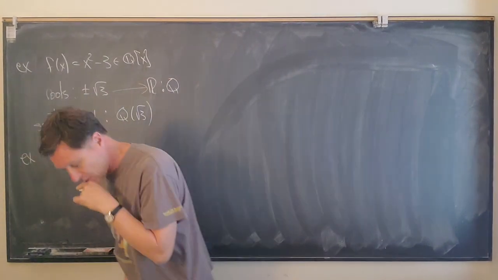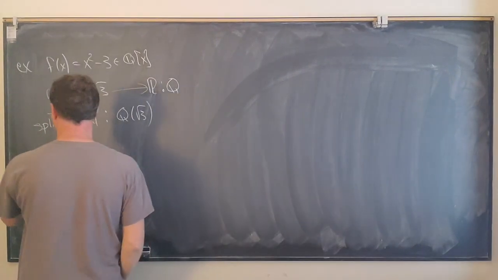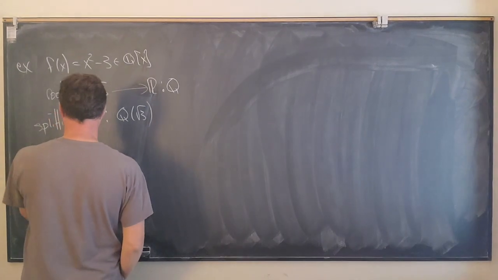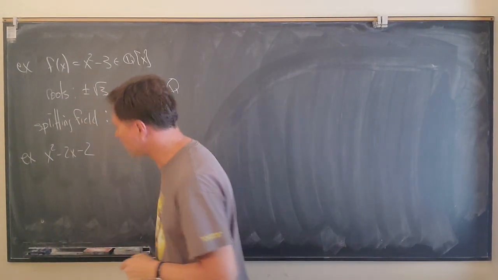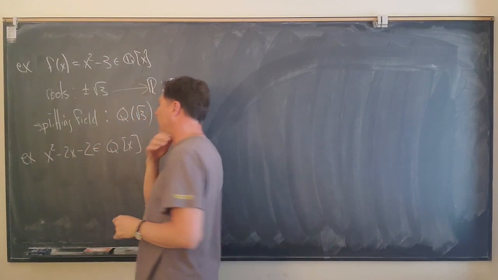Next example, let's look at x squared minus 2x minus 2, once again viewing this as a polynomial in Q[x].